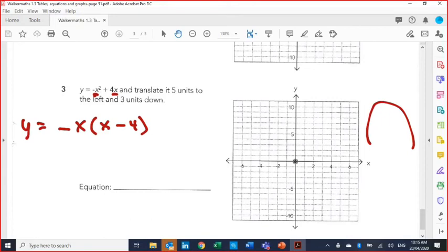So we want that negative outside. So if the first term is negative, then factor out a negative x instead of just an x. So all I did was factor out the common factor of x. And we can set each one of those equal to 0 to find the x intercepts now.